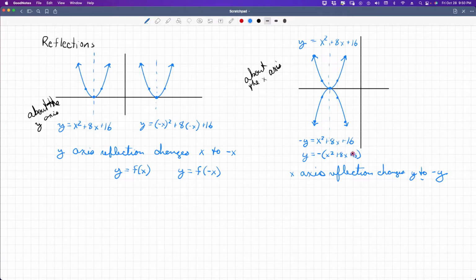So this is the format that we would write a reflection about the x-axis. So when it's about the y-axis, we change the x to negative x. When it's about the x-axis, we change a y to a negative y. That's what reflections are all about, okay?